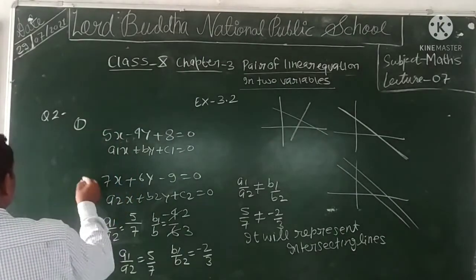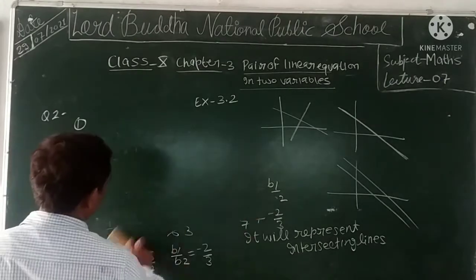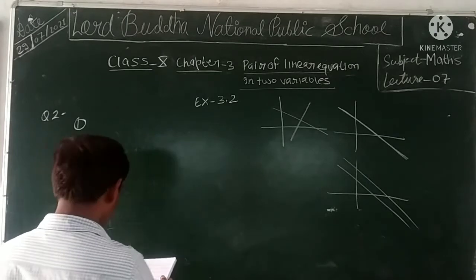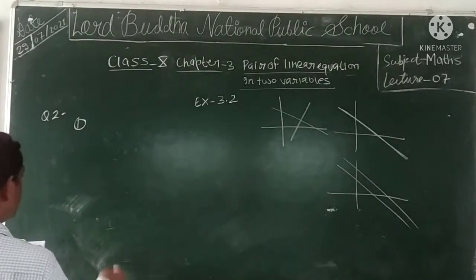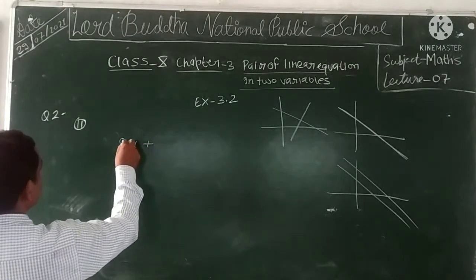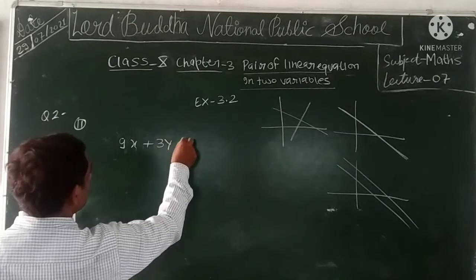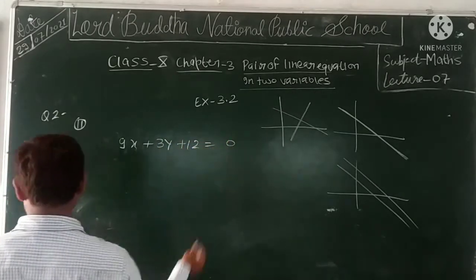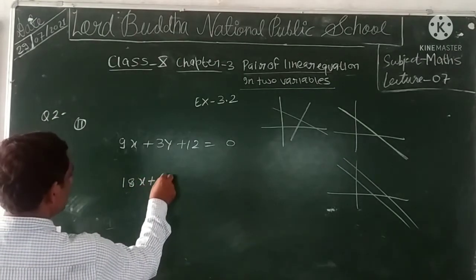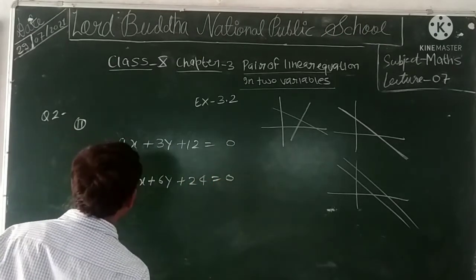This is the first part. See the second part. The second part is 9x plus 3y plus 12 equal to 0 and 18x plus 6y plus 24 equal to 0.